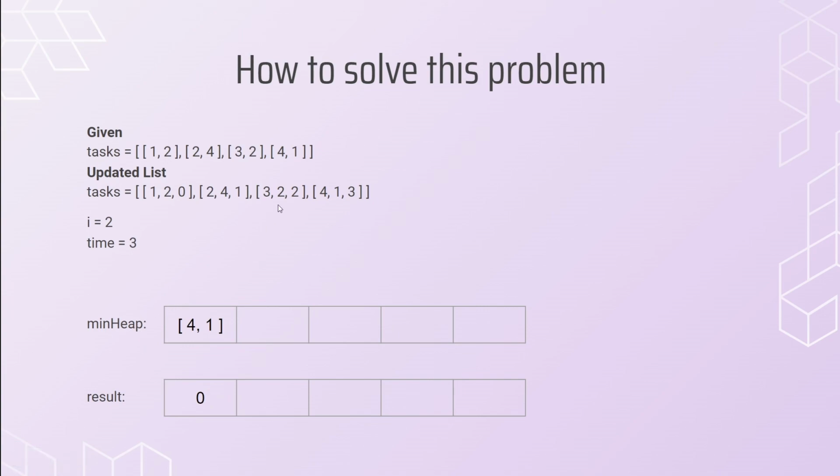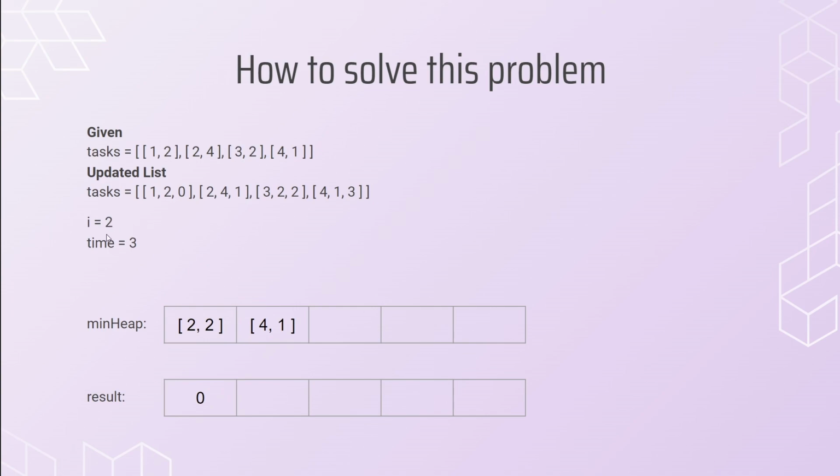Now when you push this value 2 and 2 into the min heap, you should know that we sort it based off of the smallest value in the front. So in our case, it's actually going to be 2, 2 in the 0th index, and then 4, 1 gets pushed off. That's because the first index is what we're looking at. The first index in our case is smaller than the first index of the next value in the min heap. So because of that, it gets sorted based off of it, and the first value now is 2 and 2.